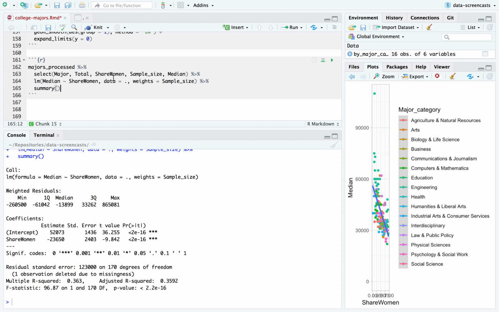Put another way, every percentage point that a field is male, the expected salary would decrease by 23 over 100, so by what is it? $200, $300. So that's worth knowing. It's a very significant p-value.